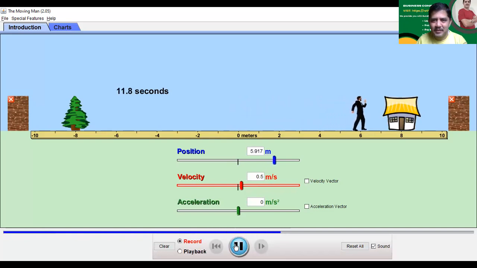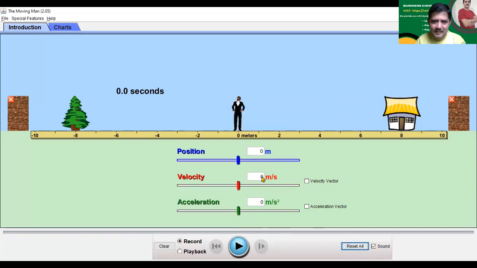6 meters. Yes, 11.9. Okay. So first time we got 11.8, second time 11.9 now. Third time, let us do with this. Reset once again everything. 0.5 once again. It was the same problem.